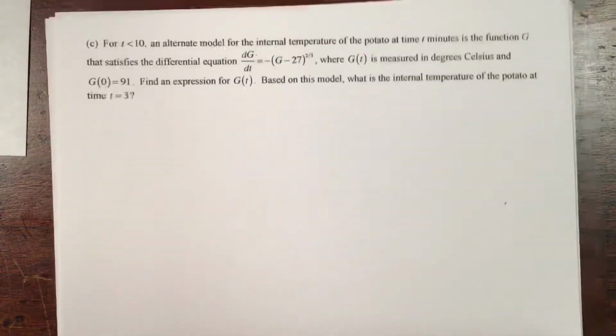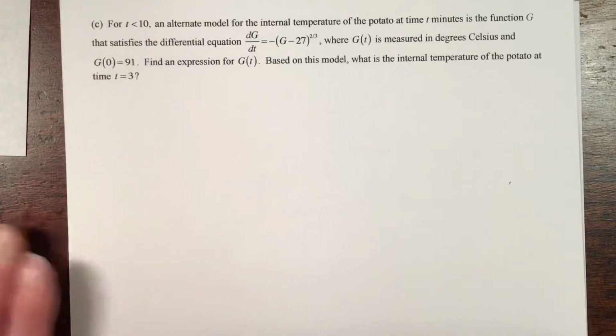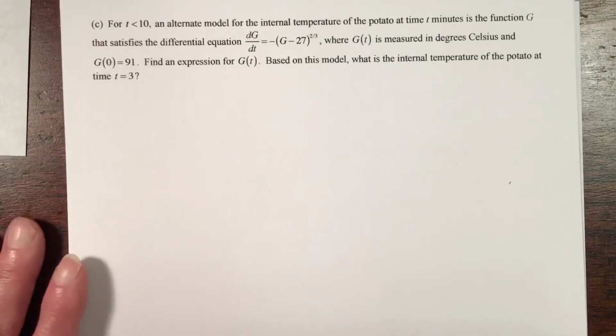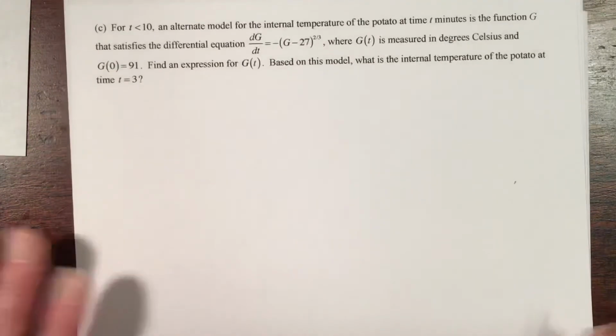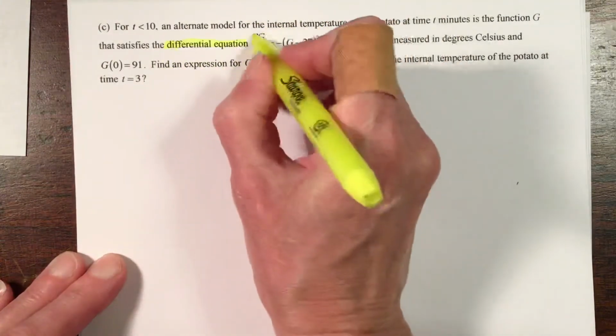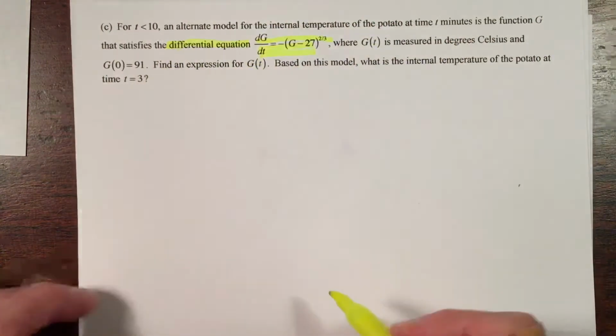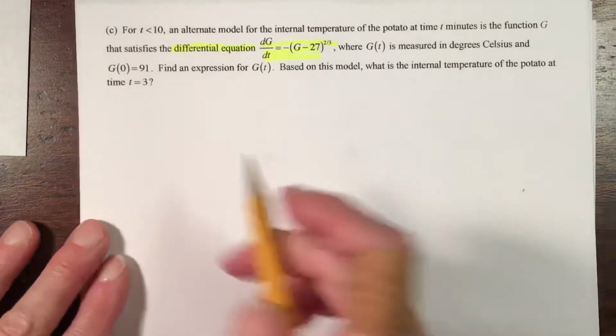Now the last part of this question, they're kind of switching functions up on you, which is okay. They'll do that. They'll give you pieces here, pieces there. For t less than 10, an alternate model for internal temperature of the potato at time t is the function g. So now they're giving you a new differential equation. This differential equation we're going to use to answer this problem. G of 0 is 91.